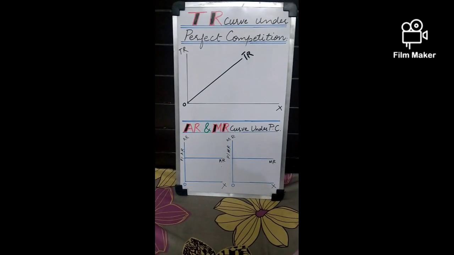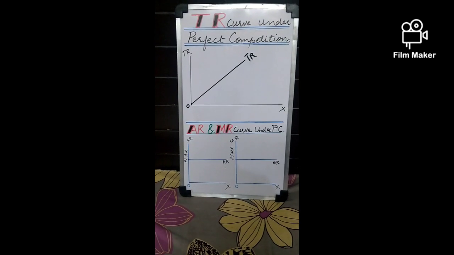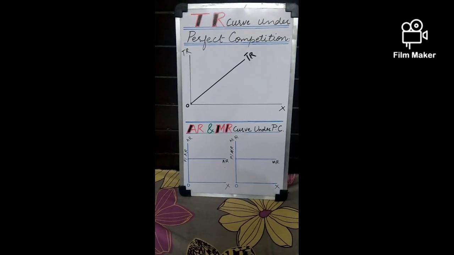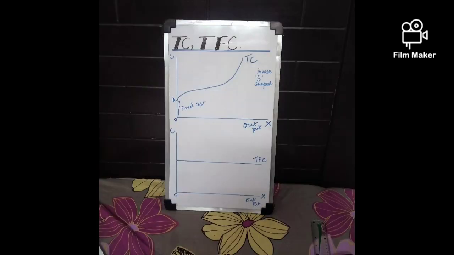Under perfect competition, average revenue is equal to marginal revenue is equal to price, and it is a straight line, and it is also the demand curve of the firm under perfect competition.